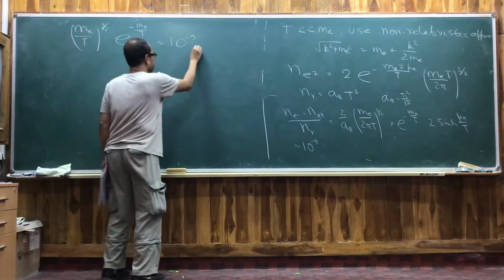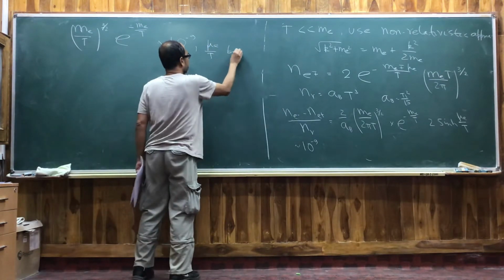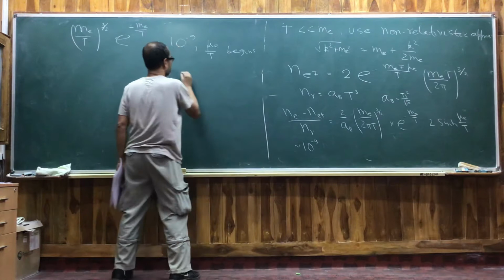Then mu will start moving. Then mu over t begins to become large.